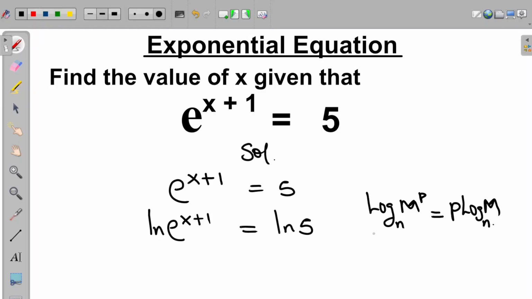Thus, we can apply the index rule at the left-hand side. So therefore, this becomes x plus 1 multiplied by ln e equal to ln 5.